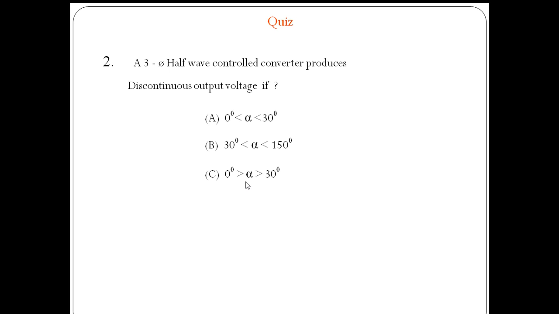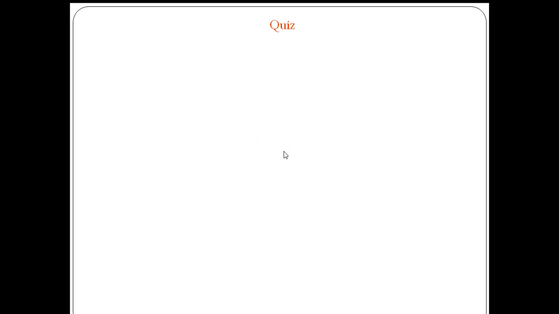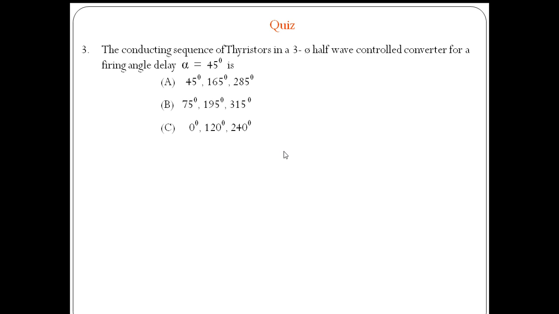The three-phase half-wave controlled converter produces discontinuous conduction. So this is discontinuous conduction for a duration of 30 degrees to 150 degrees. The conducting sequence of thyristors of the three-phase half-wave controlled converter for a firing angle delay of 45 degrees: actually it is pi by 6 plus alpha, and pi by 6 is nothing but 30, and each thyristor will be conducting for a duration of 120 degrees.